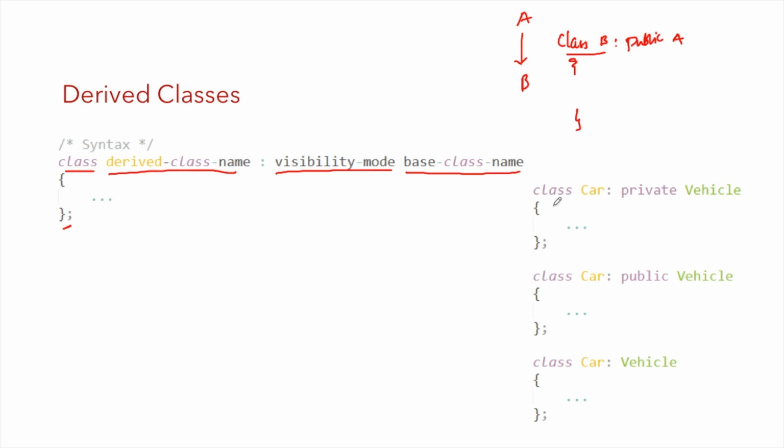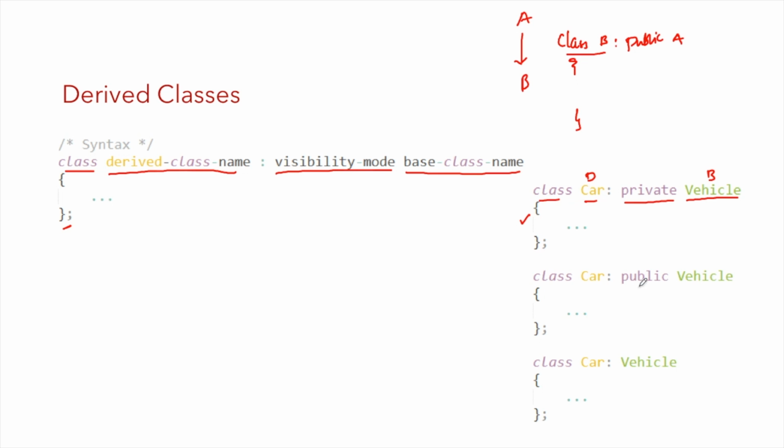So here are two examples. Class car with visibility mode private, and vehicle is the base class over here. So this becomes your derived class, this is your base class, and the visibility mode is private. All the members which are part of class vehicle will be inherited with the mode private. Your private members are anyway not going to be inherited. Your public and protected members, when inherited in the class car, will become private in this mode.